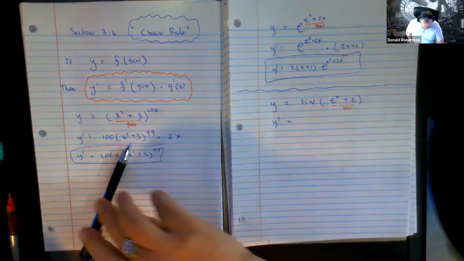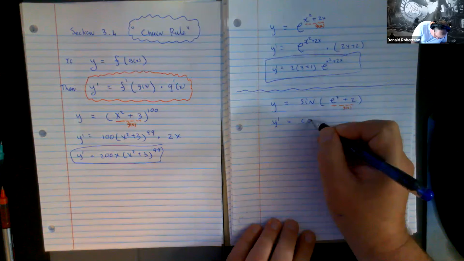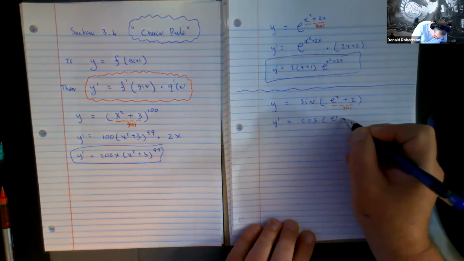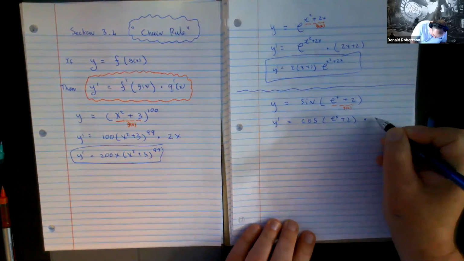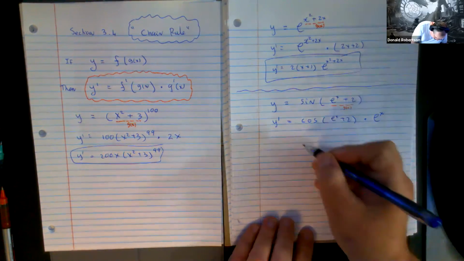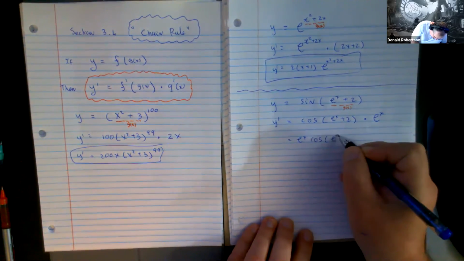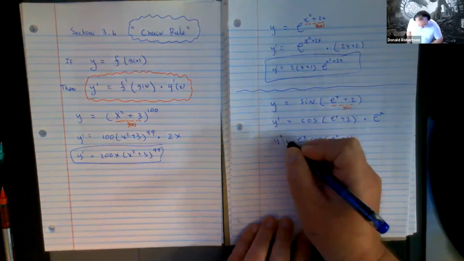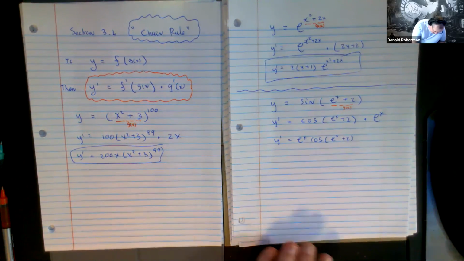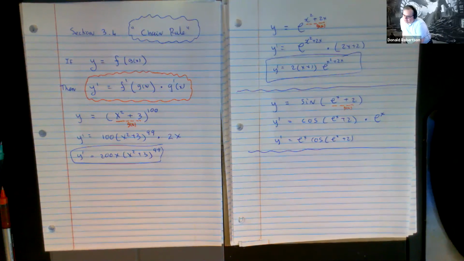So when I look at this, I see the sine of something. If you differentiate the sine of something, you get the cosine of something times the derivative of the something. And normally we put the e first and the cosine second. Kind of cool.